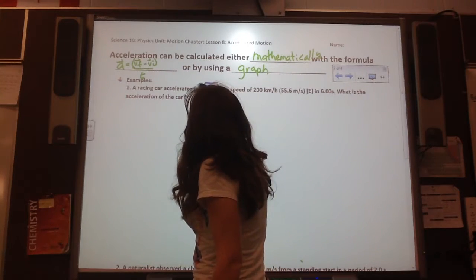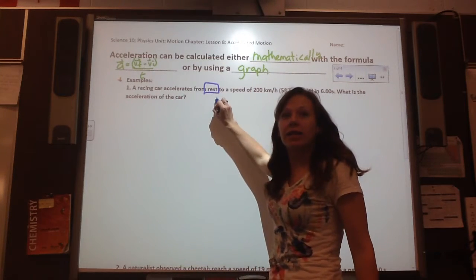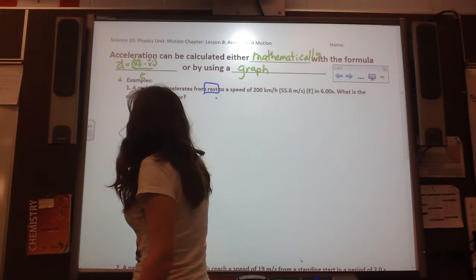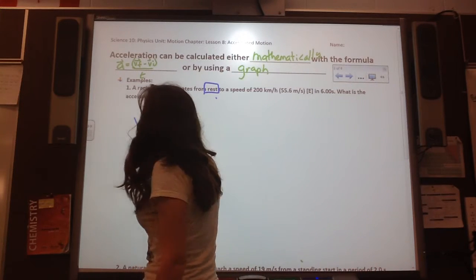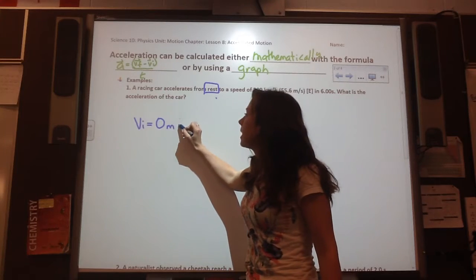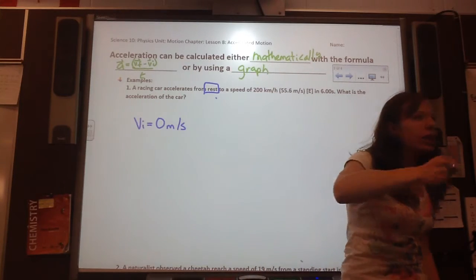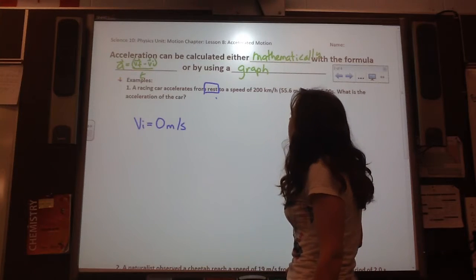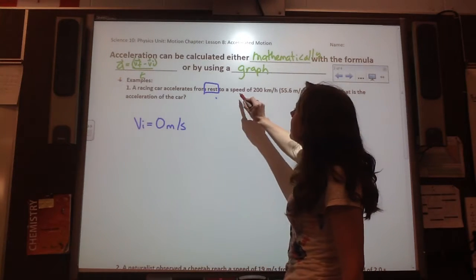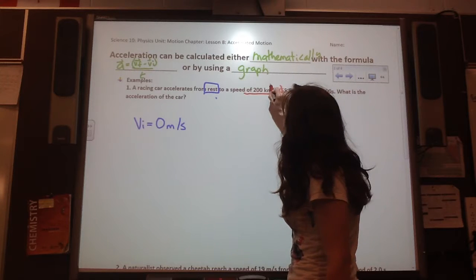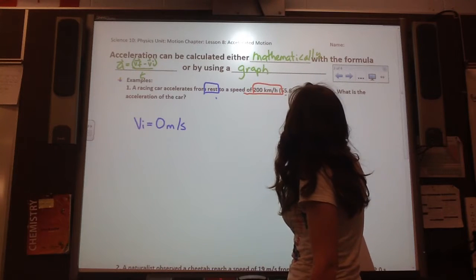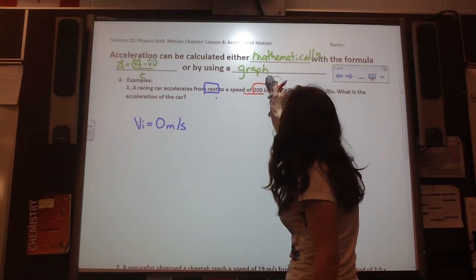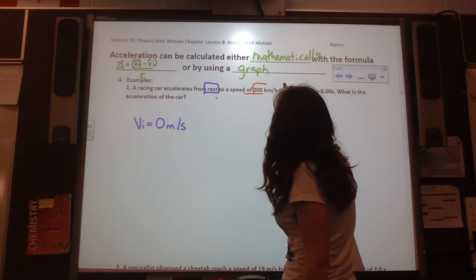So let's write out what we know. Here it says from rest. That means my initial velocity is 0 meters per second because I was resting. Then I'm told it accelerates to a speed of this. And I'm going to use the meters per second one because my time is in seconds. That's easier.